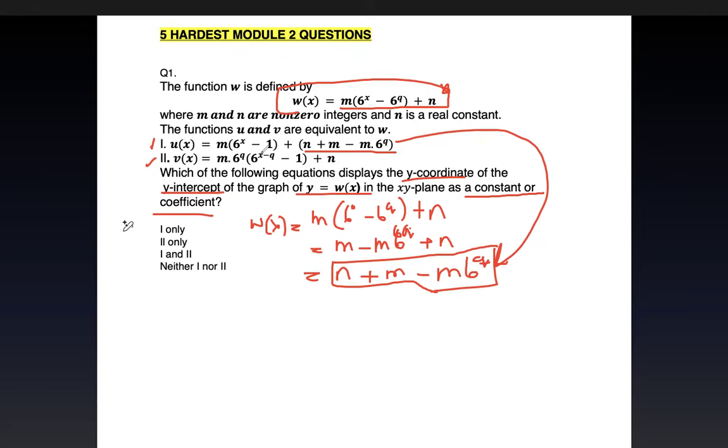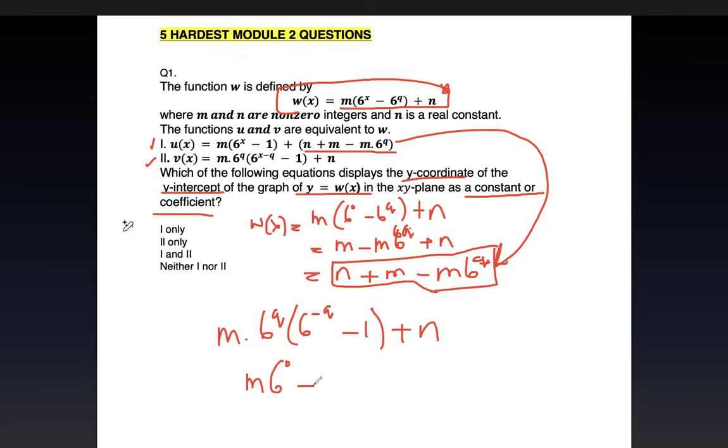If you put x is equal to 0, this will become m6 to the power q, and this will become x6 minus q minus 1 plus n. And when you simplify, this will become 0, right? So if you actually open the function, you get m. This will become 6 raised to 0, right?